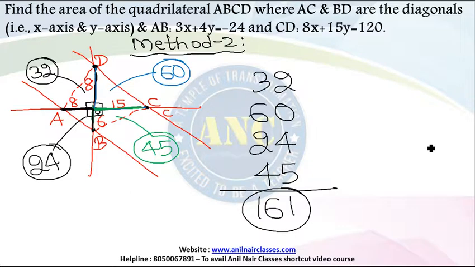Both will represent the y intercept, and you can use any equation form: slope point form, slope form, point form, intercept form, whatever it is. You can find the area of a triangle, the area of a quadrilateral, or the area of a rectangle also. If it is asked, it makes no difference. It is very easy. You can split the quadrilateral into triangles and easily find it if you don't know the formulas for a quadrilateral. I hope the idea till this point is very clear for you people.